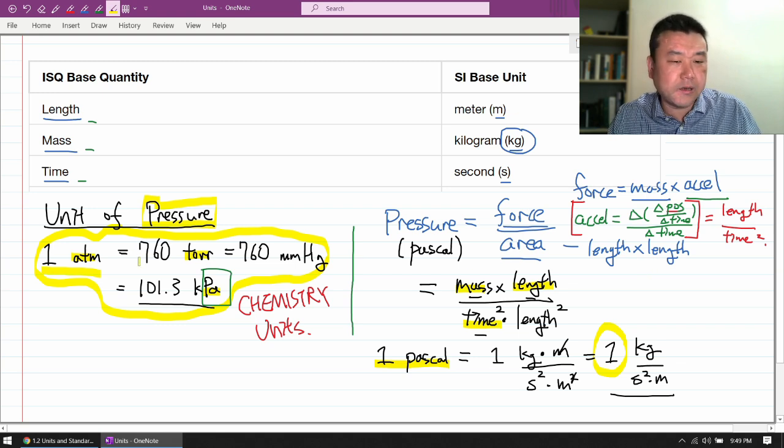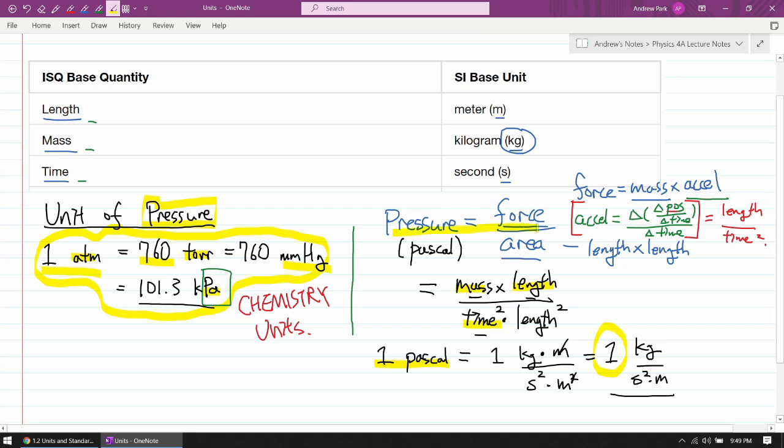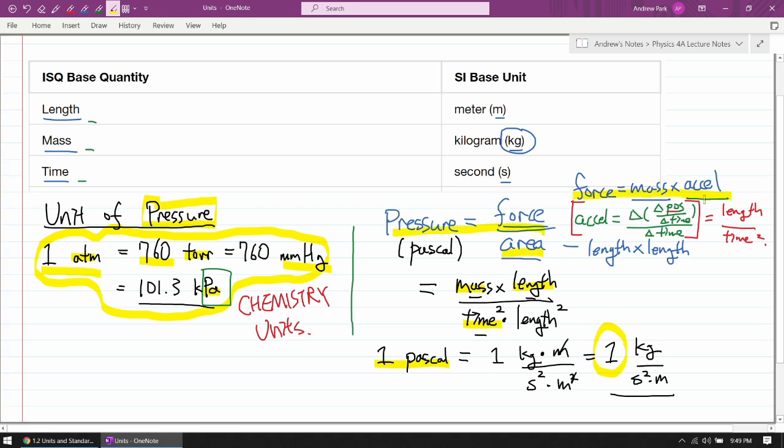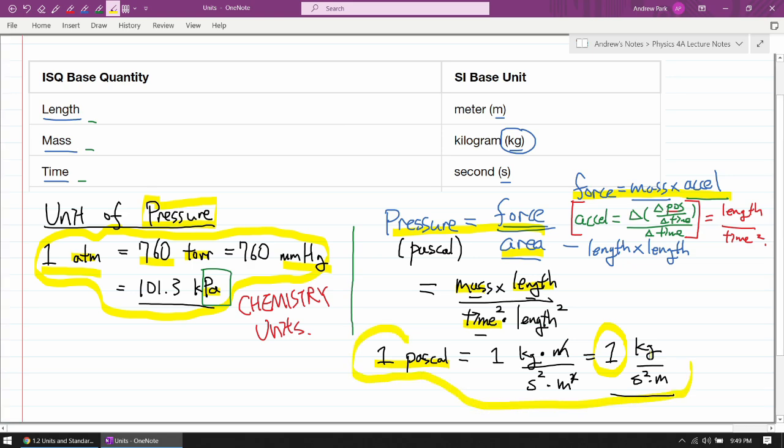Same deal with the torr and millimeters of mercury. So the main reason for having the SI unit system is to make this derivation process simple, so that as long as you know how these physical quantities relate to each other, you already know how the units will relate to each other.